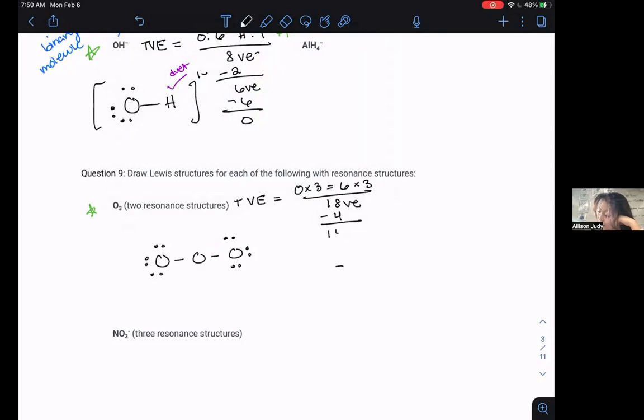So now I have 14, and then I would have done the 6 for the first terminal oxygen atom, which would have left me with 8, then another 6, leaving me with 2, and then I would have put 2 on the central. Now I've used up all my electrons. I apologize. I overcounted my initial use of valence electrons, which left me with not enough to make the correct Lewis structure. So make sure you can count better than your teacher.